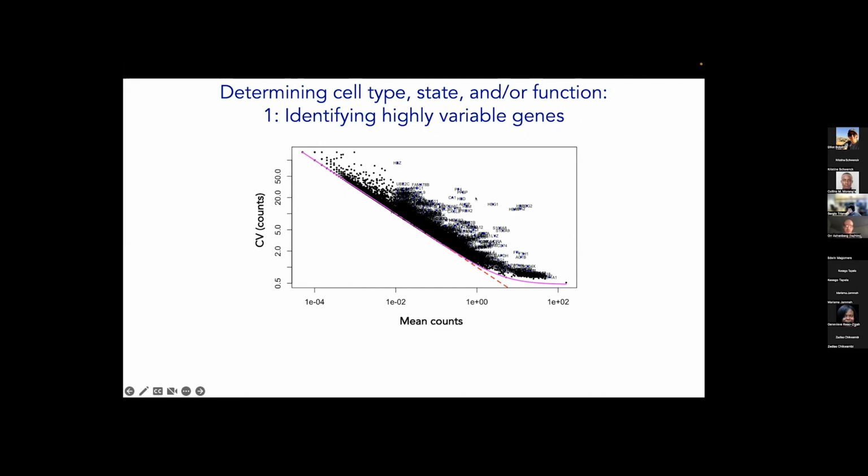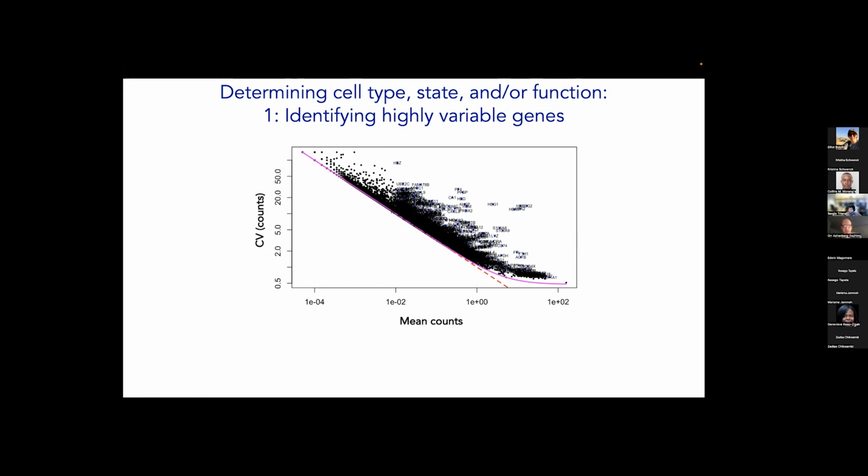And so the reason we're plotting things this way is because there's an inherent relation between the mean expression and the variance of the expression. So the more highly expressed a gene is, the more variable its expression will be. So you need to account for that underlying relationship.